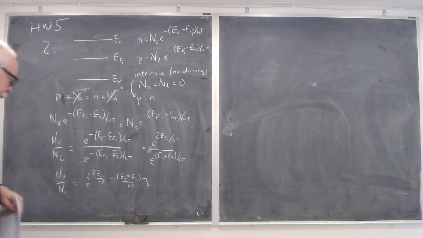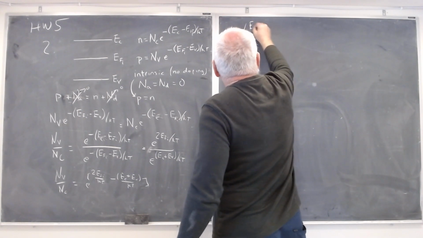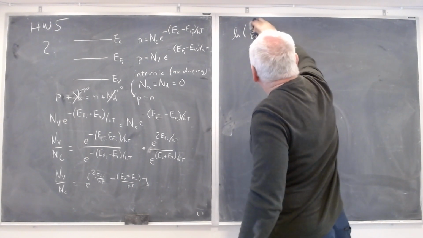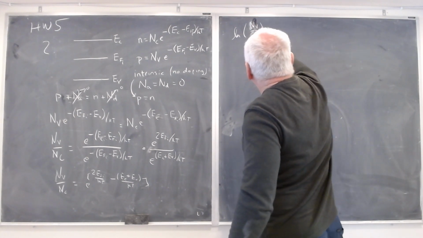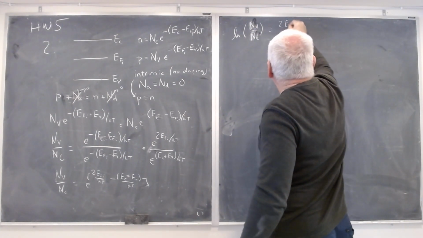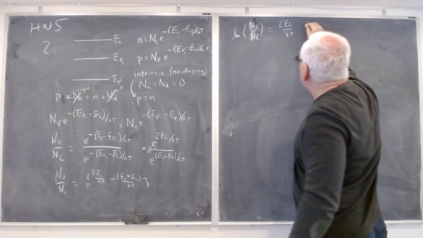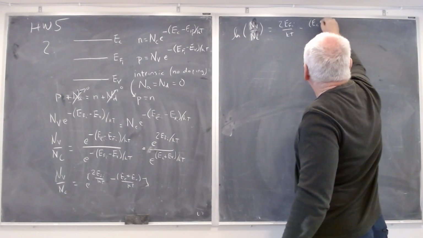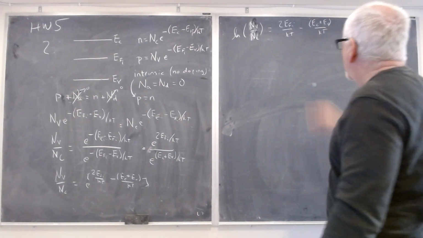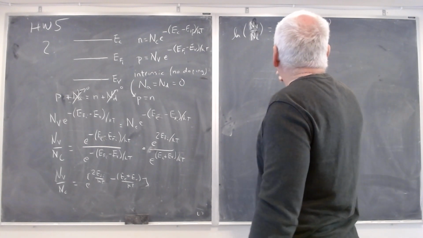So now we just take the logarithm of both sides. So the logarithm of NV over NC is equal to 2 EFi over kT minus (EC plus EV) over kT. And we're solving for EFi, so now let's put that on the other side and multiply times kT, divide by 2.